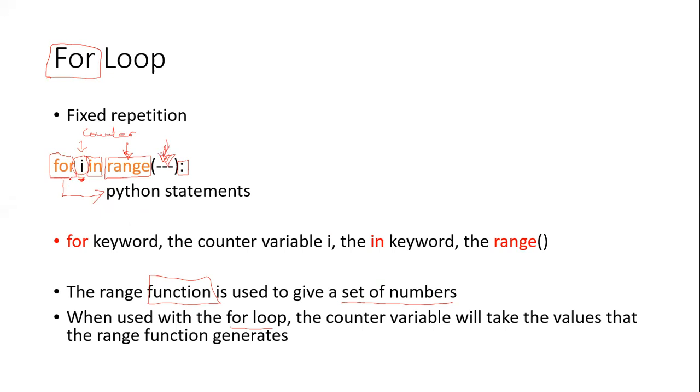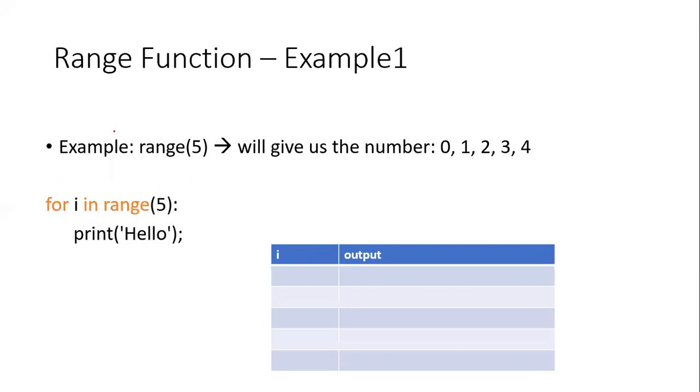Let's look at some examples to better understand how the for loop works. In the first example, let's first understand if I now say range 5, what values are going to be generated by range 5? Range 5 will give me numbers starting from 0. It always starts from 0 and it stops one less than the number that's in the bracket.